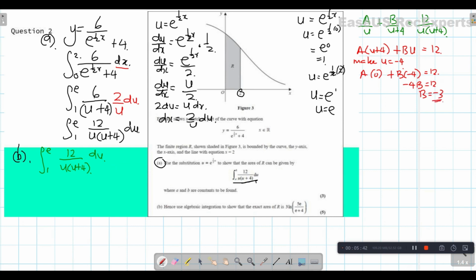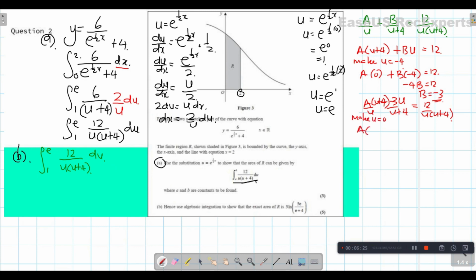Therefore b equals negative 3. So now the next step: you make a over u minus 3 over u plus 4, and this is equal to 12 over u plus 4. This time I'm going to make u equal 0.